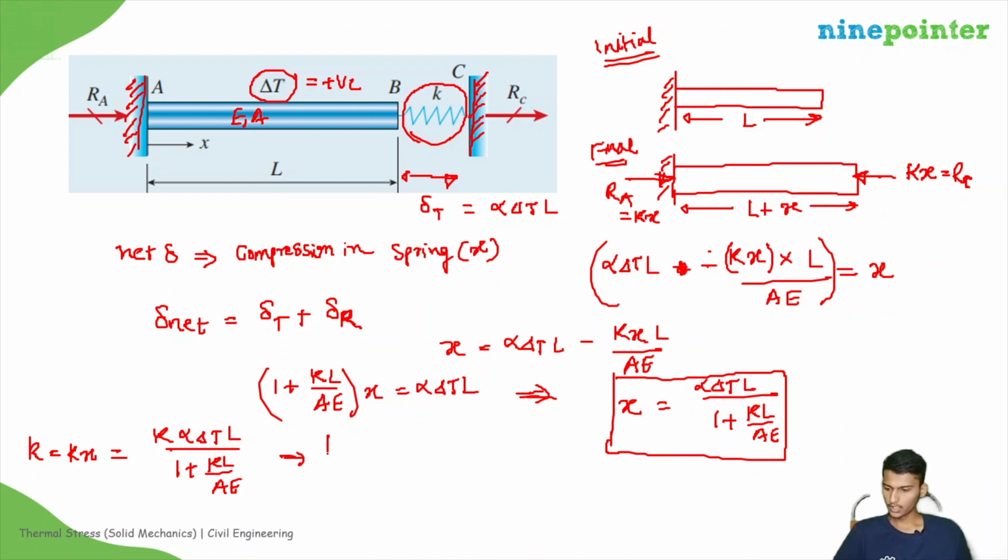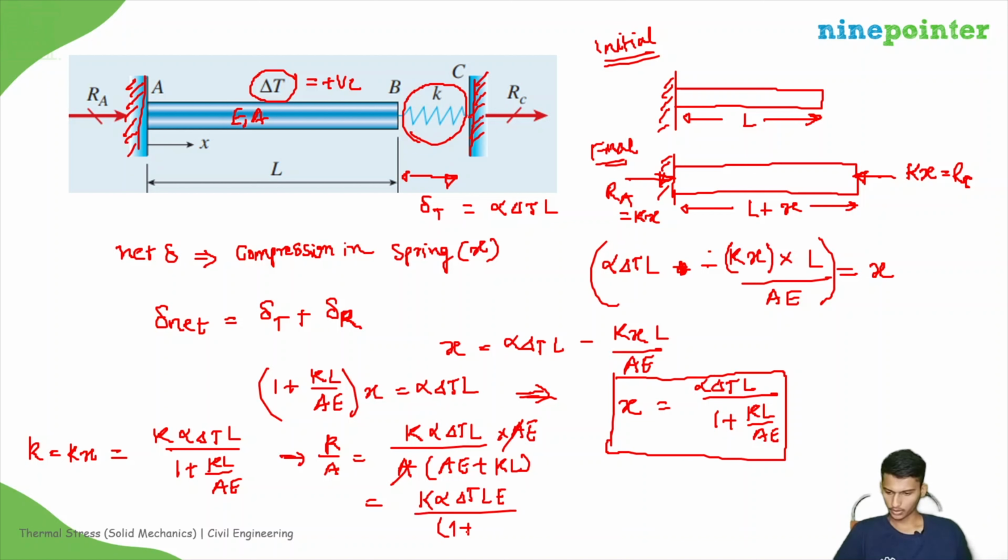So R by A will be K alpha delta T L divided by A into AE plus KL into AE, right? So this A will get cancelled. Now we can take K alpha delta T L E divided by 1 plus AE divided by KL into AE.